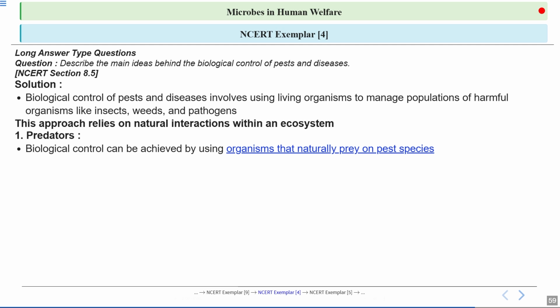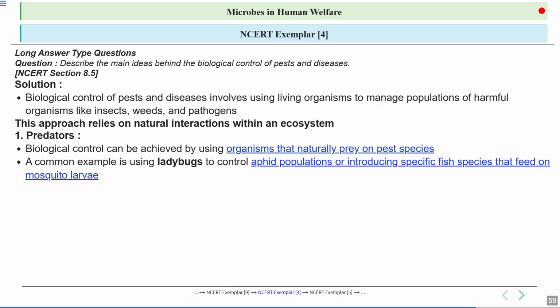Biological control can be achieved by introducing or encouraging organisms that naturally prey on the pest species. For example, if you have a garden infested with aphids, bringing in ladybirds can help control the aphid population. So a ladybird is a predator for aphids.